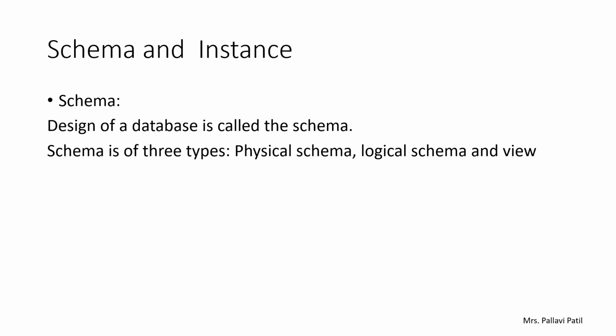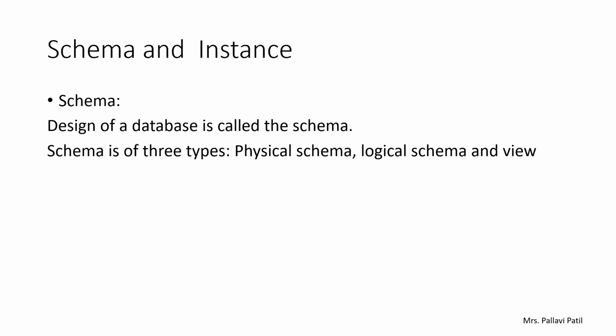So again, schema has three different types. So types of schema are physical schema, logical schema, and view schema. So what is meant by physical schema? A physical schema defines how data or information is stored physically in the storage system in the form of files or indices.